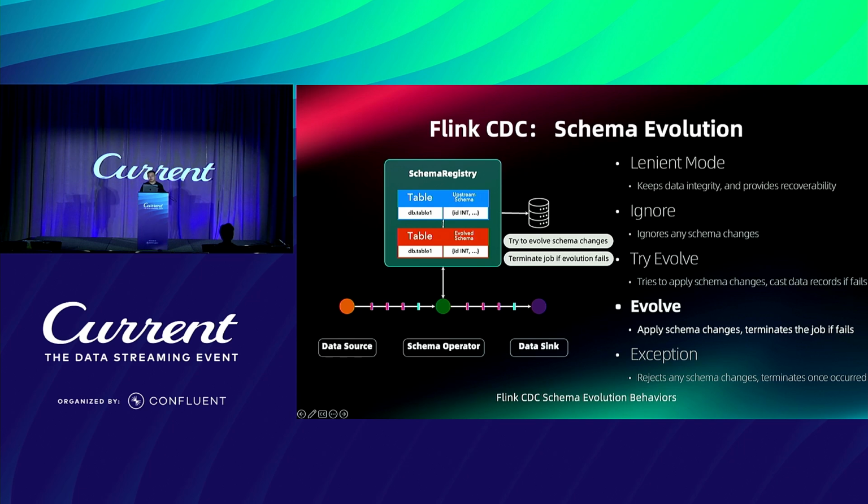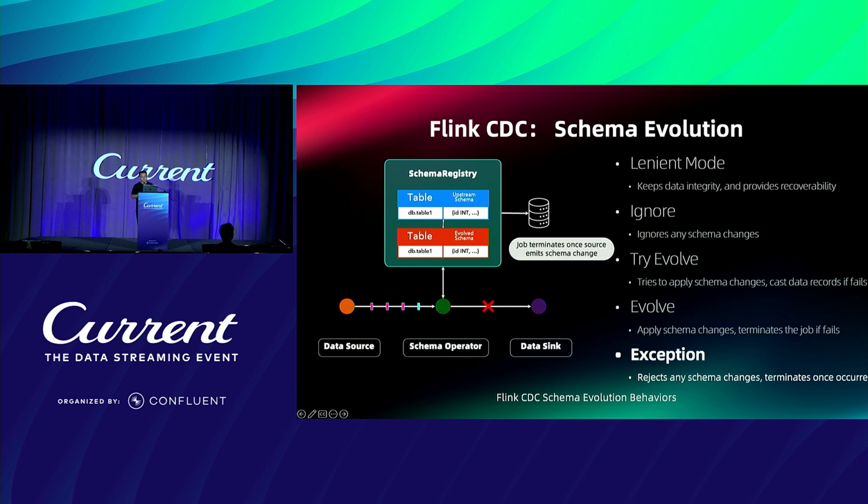The evolve mode will apply the schema change first and then fail the job directly when any error happens. And the exception mode just rejects any schema change when we detect a schema change happening in the upstream database.